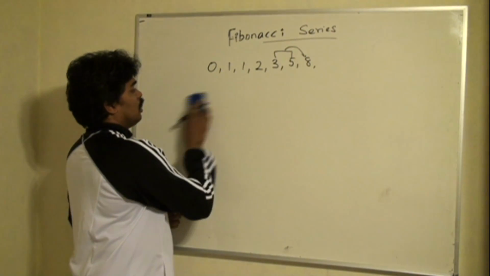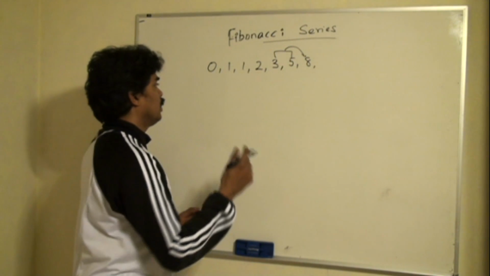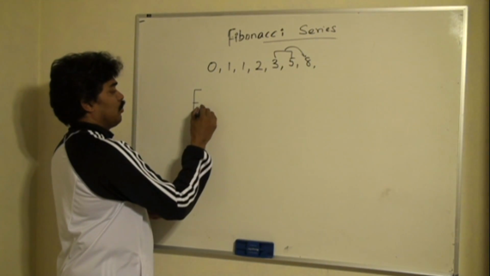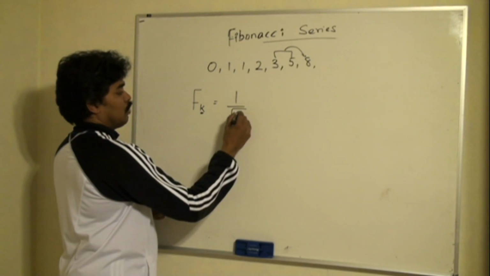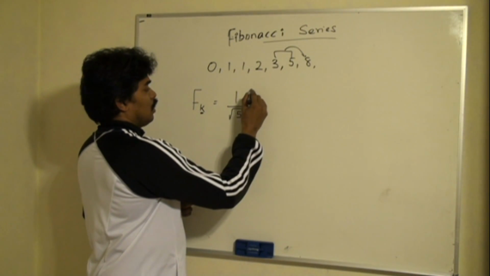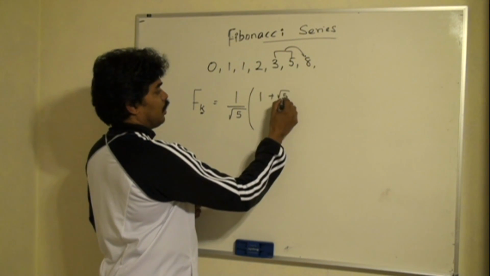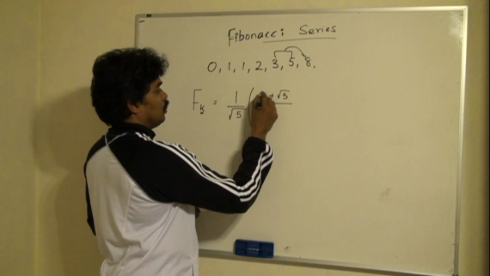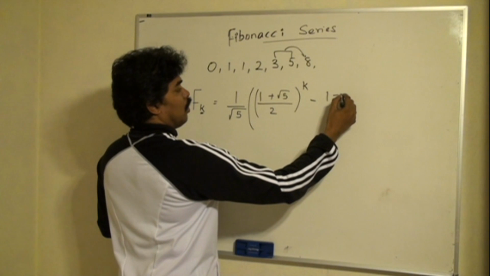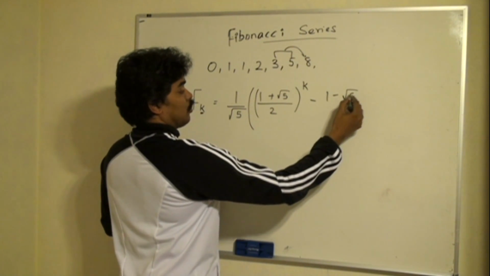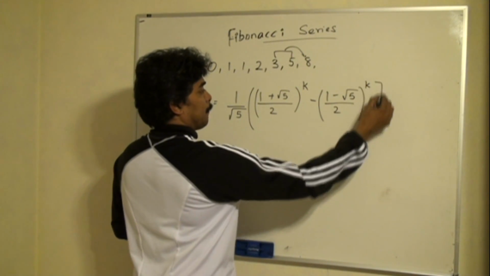So there is a formula available which will give the kth element in the Fibonacci series. The formula is: fk, the kth element, is equal to 1 by square root of phi times ((1 plus square root of phi) by 2) to the power k, minus ((1 minus square root of phi) by 2) to the power k.